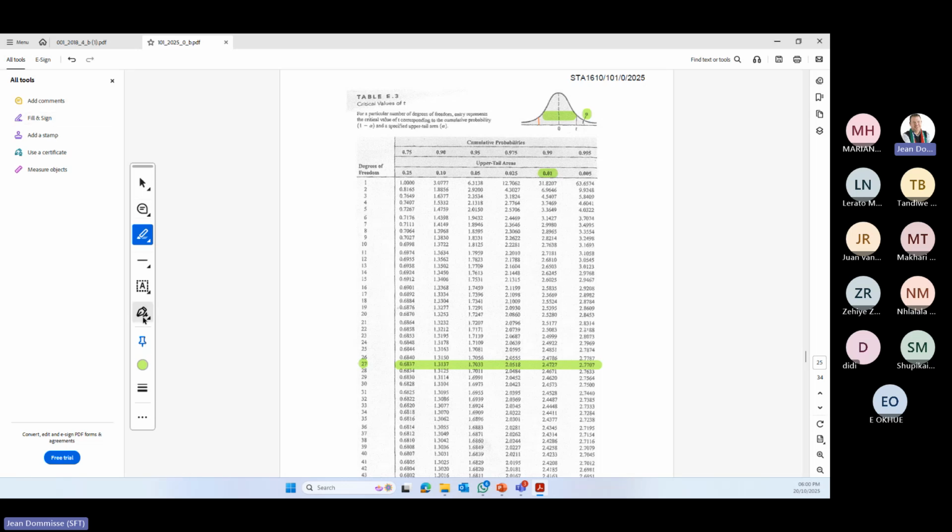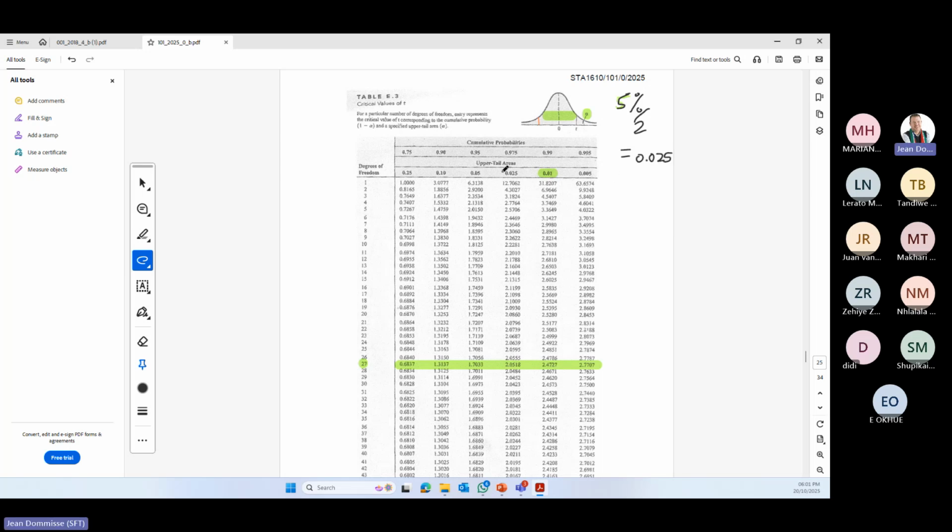So 5% divided by 2 is 0.05 divided by 2, which is 0.025.